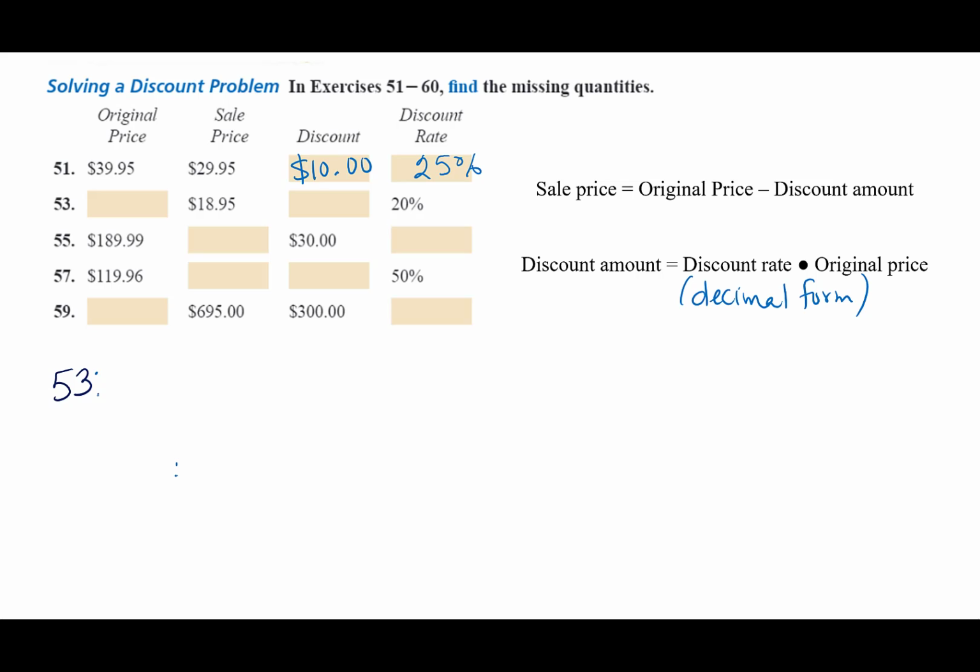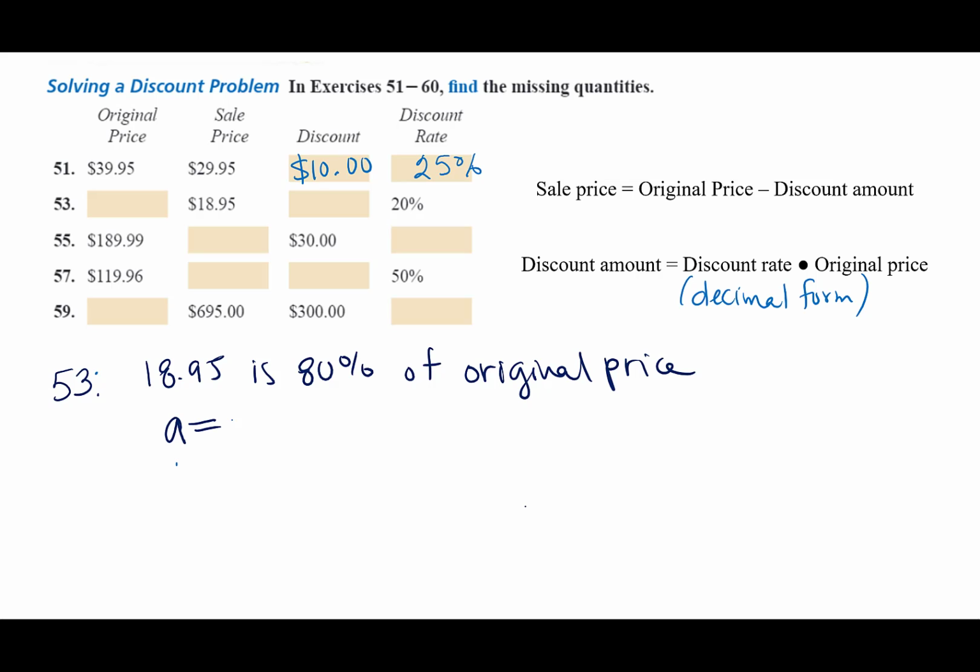So do you see now that the sale price, the $18.95, is really, another way to think of it, 80% of the original price? We're going to take the fact that $18.95 is 80% of the original price. We can now apply the percent equation.